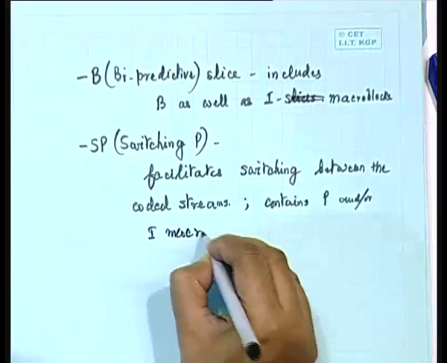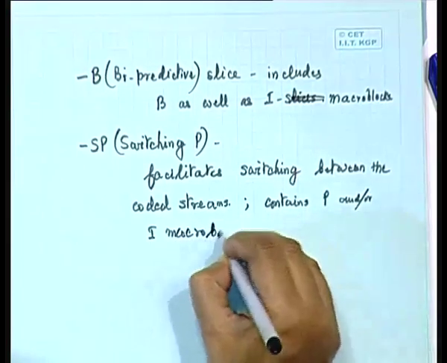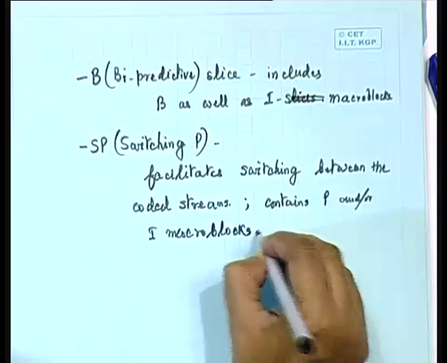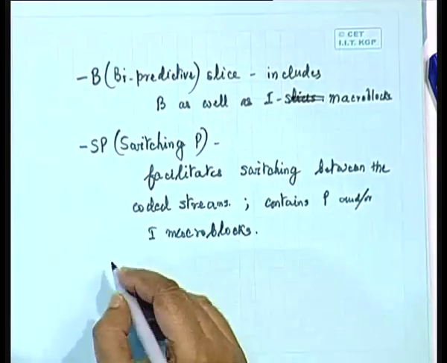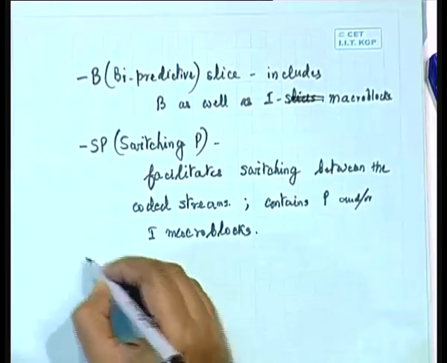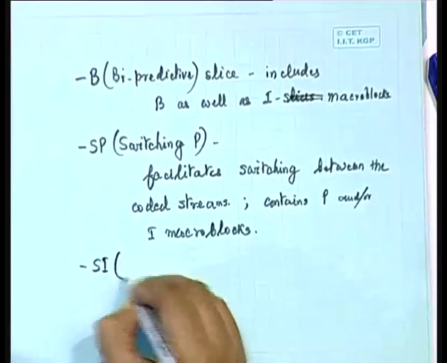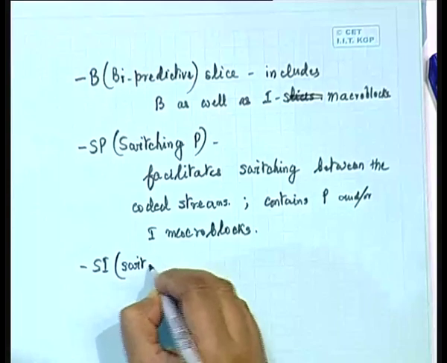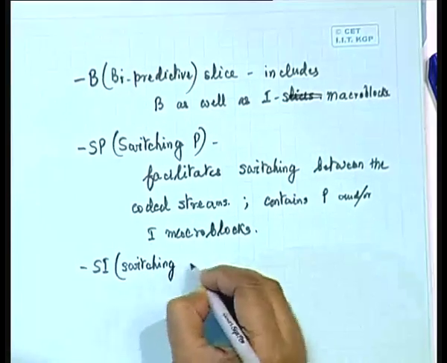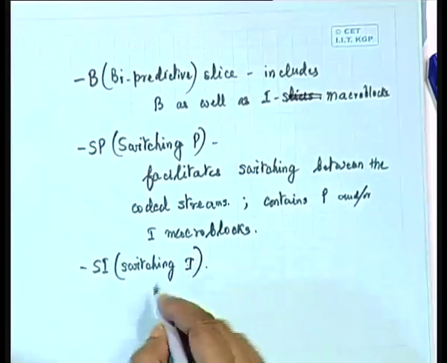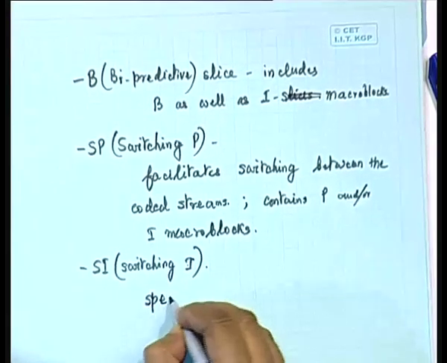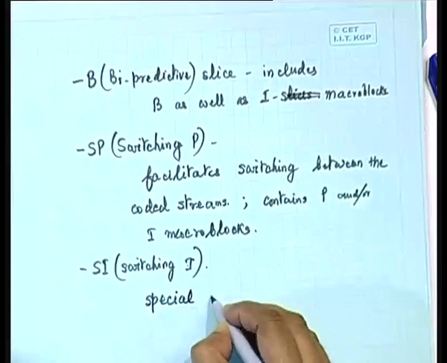These two coded streams can be switched in the SP or switching P mode. And there is yet another mode, which is called the SI or the switching I, and it consists of a special type of intra-coded macro blocks.